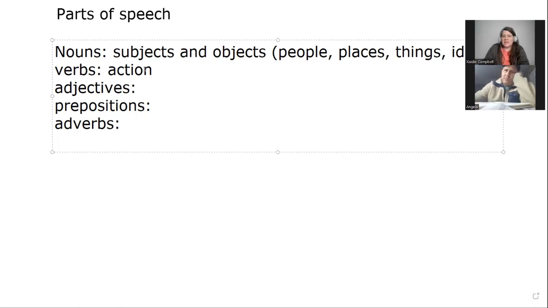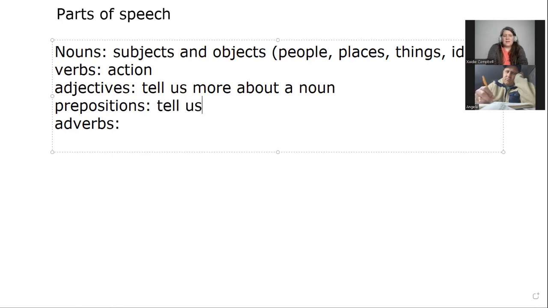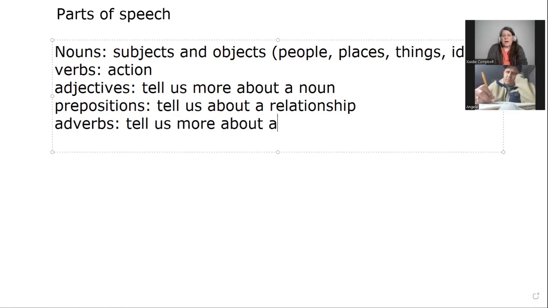Verbs are the action of the sentence. Adjectives tell us more about a noun. Prepositions tell us about a relationship, and adverbs tell us more about a verb. Okay?